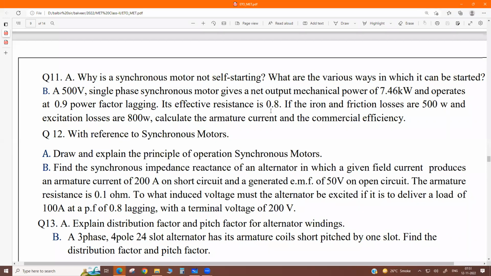Its effective armature resistance is 0.8. The iron and friction losses and the excitation loss are given. Calculate the armature current and commercial efficiency. It is based on the equivalent circuit and power flow diagram of the synchronous motor.